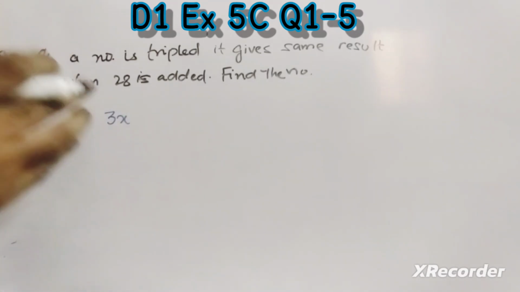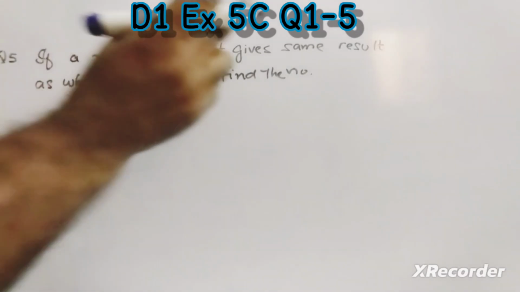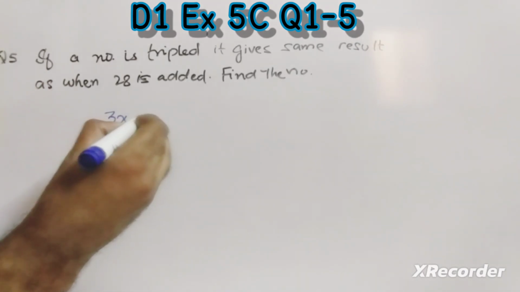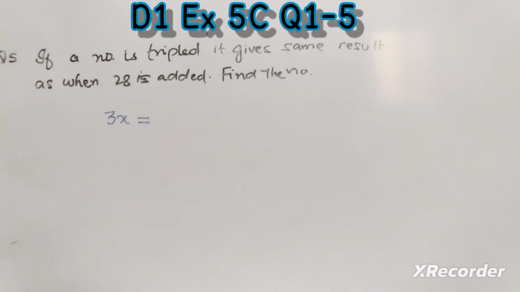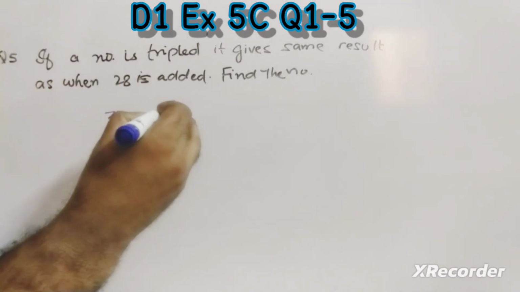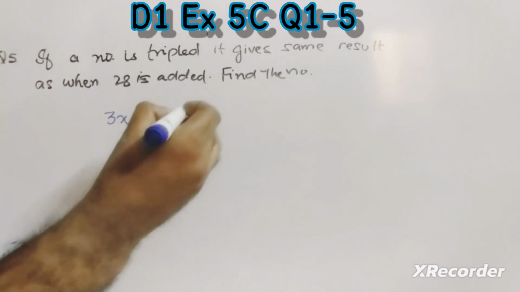Same result means is equal to. So triple of a number is equal to the number added with 28.